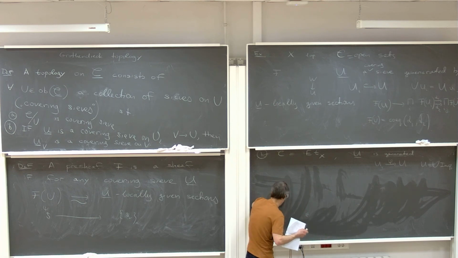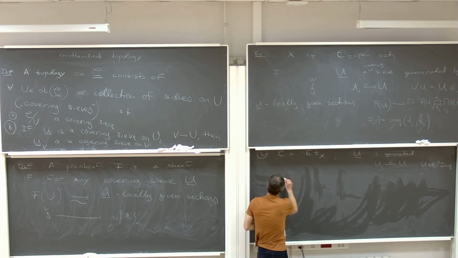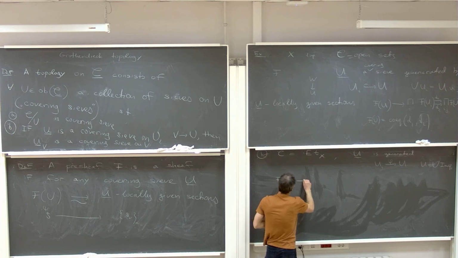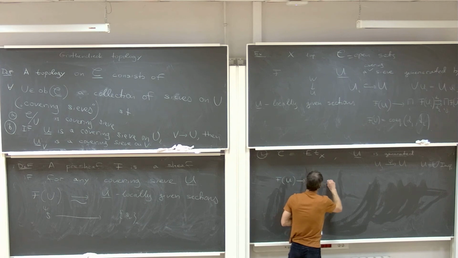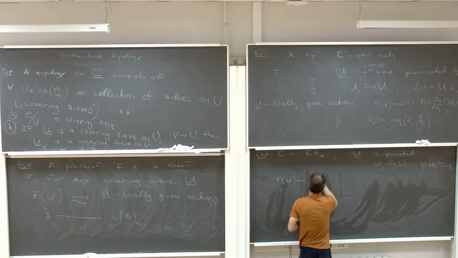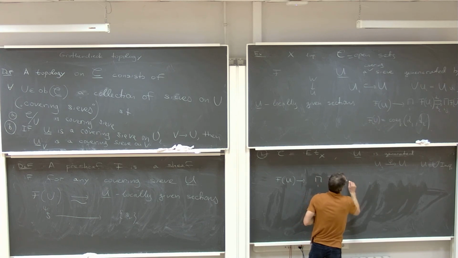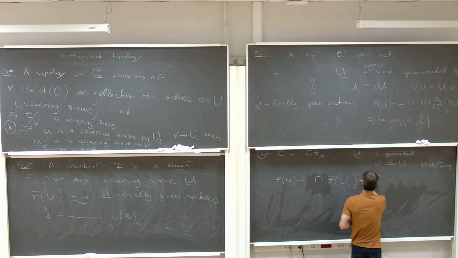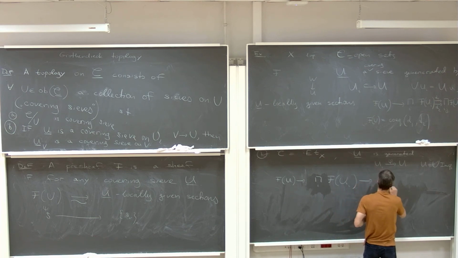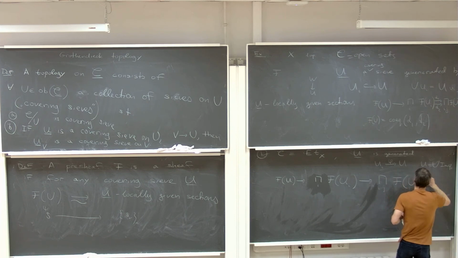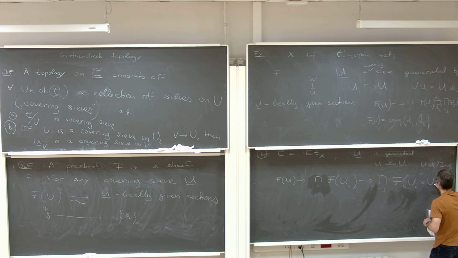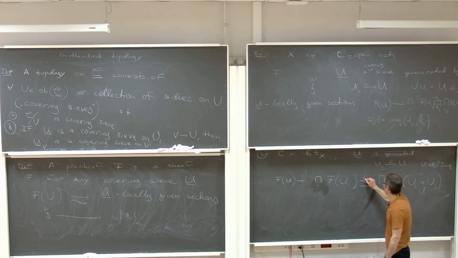And the sheaf property is that you have the map from F of U to the product of F of U_i, and this maps to the product over all i and j of F of the fiber product of U_i with U_j over U. There are two maps given by the projections: this is alpha 1 and this is alpha 2.